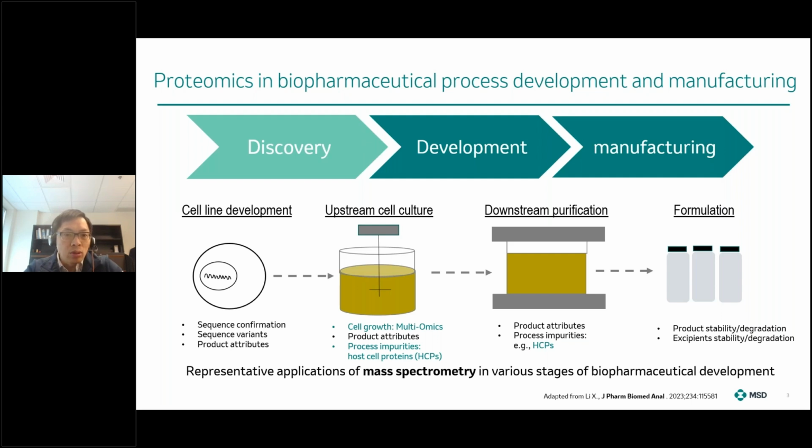But among all those mass spec applications, there are also proteomics opportunities, including using mass spec based multi-omics, including proteomics, to check the cell growth status. And another application, which is the focus today, is to check the process impurity, which is the host cell protein, in both the upstream and the downstream space.